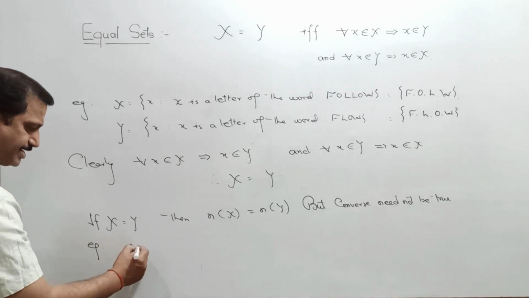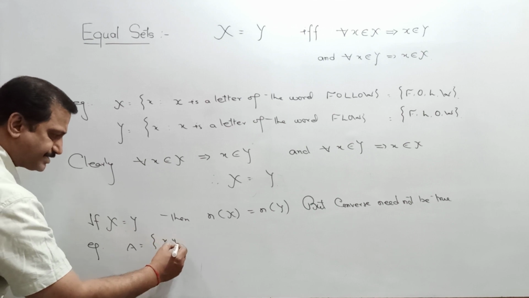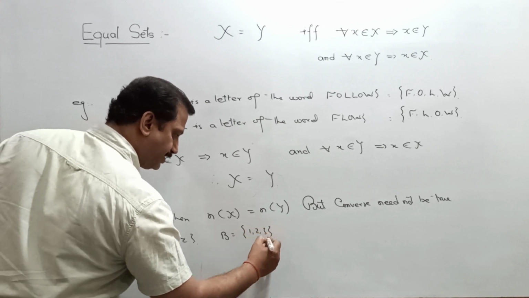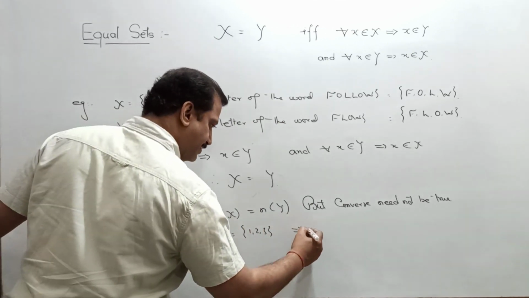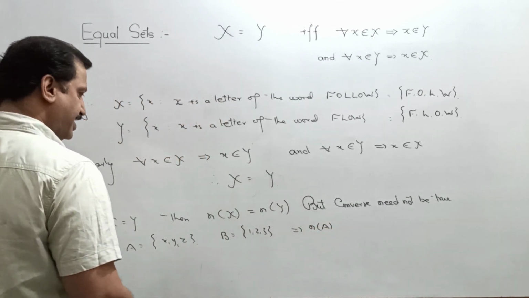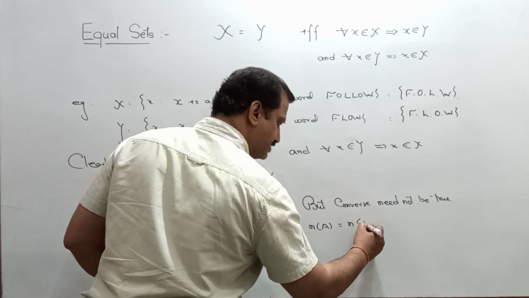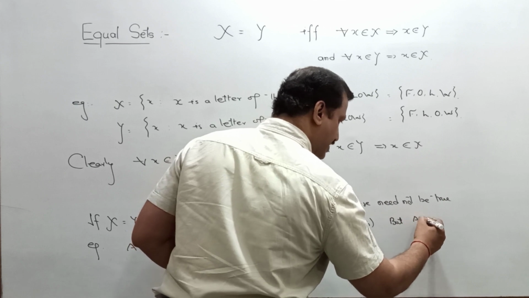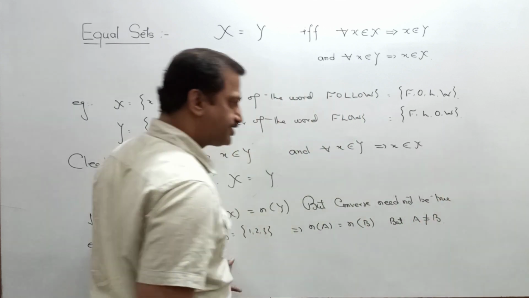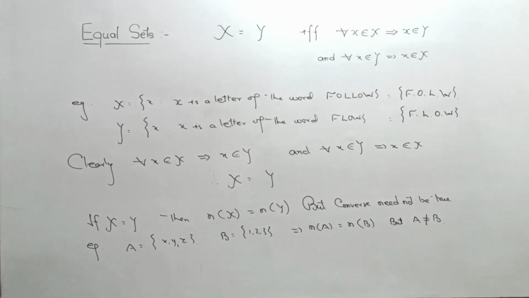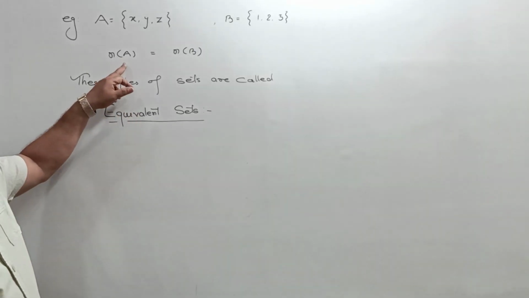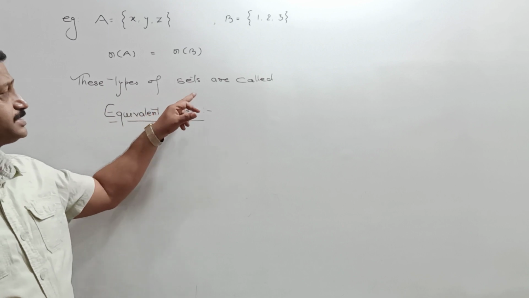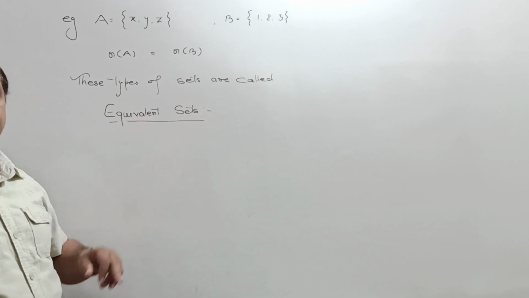Example, if A is a set of x, y, z and B is a set 1, 2, 3, then number of elements in set A is equal to number of elements in set B, but set A is not equal to set B. If number of elements of two sets are equal, then these types of sets are called equivalent sets.